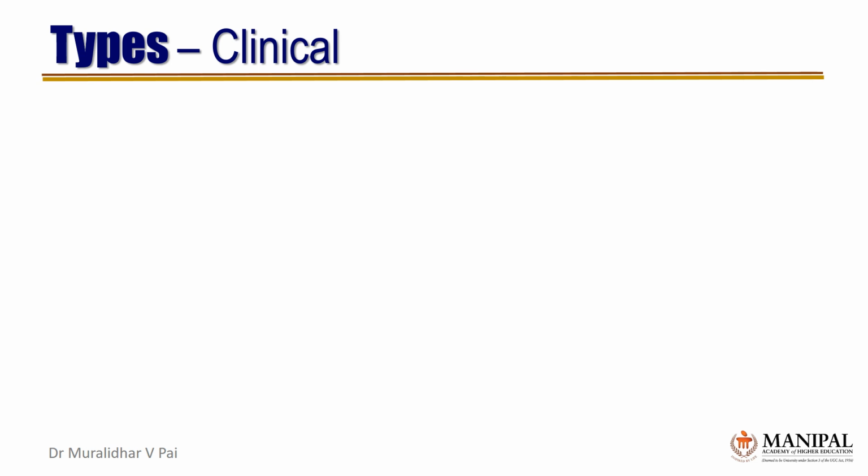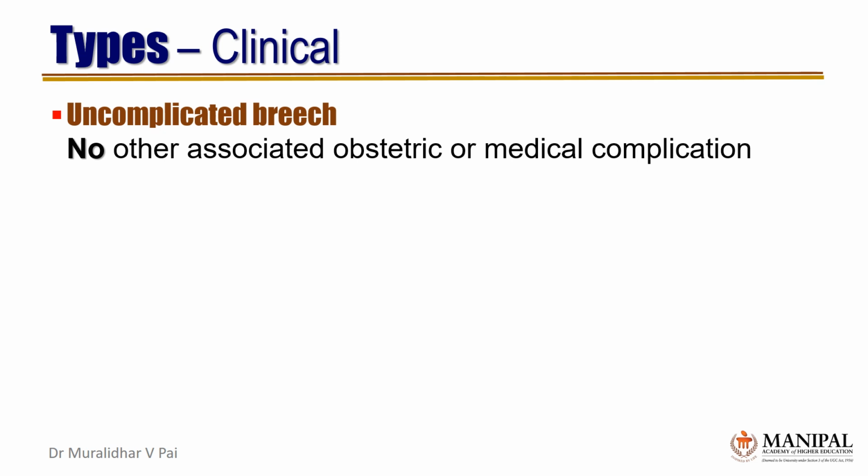Another way of looking at types of breech is based on its clinical presentation. Uncomplicated breech is one where there are no other associated obstetric or medical complications.